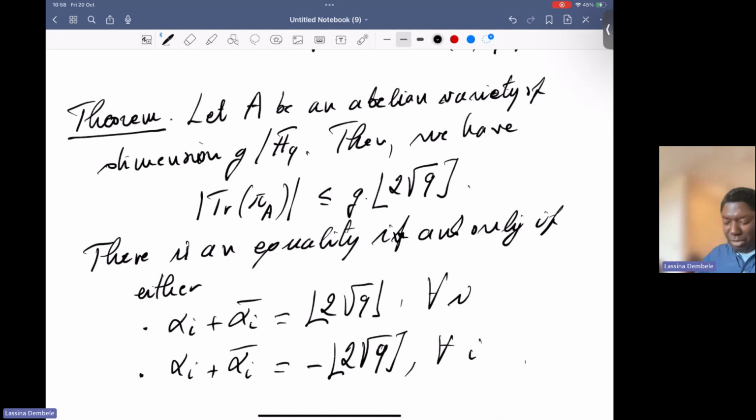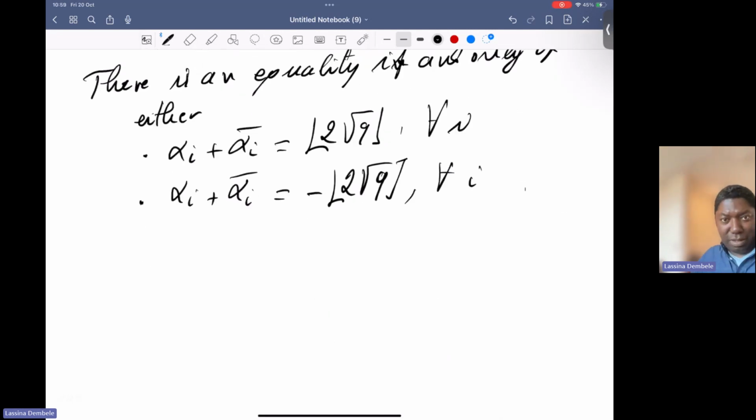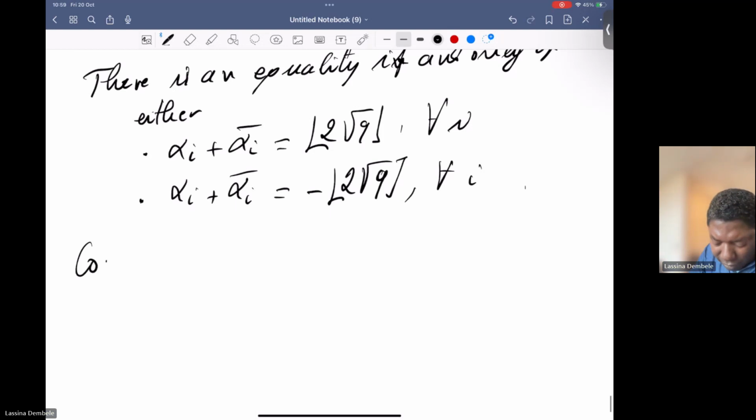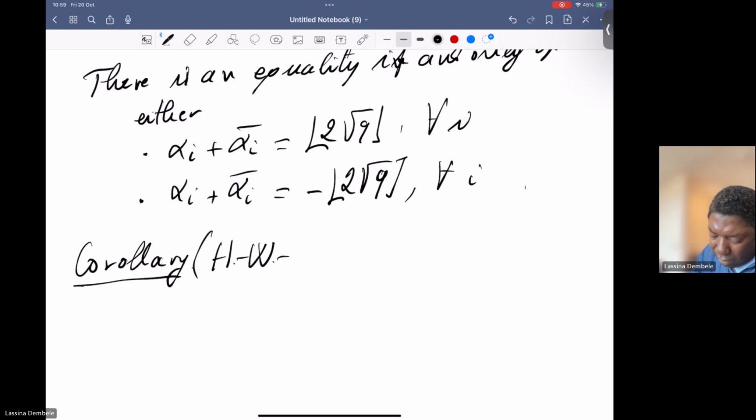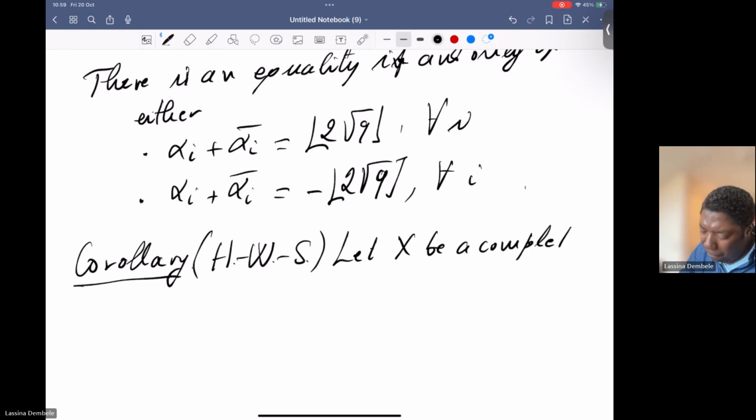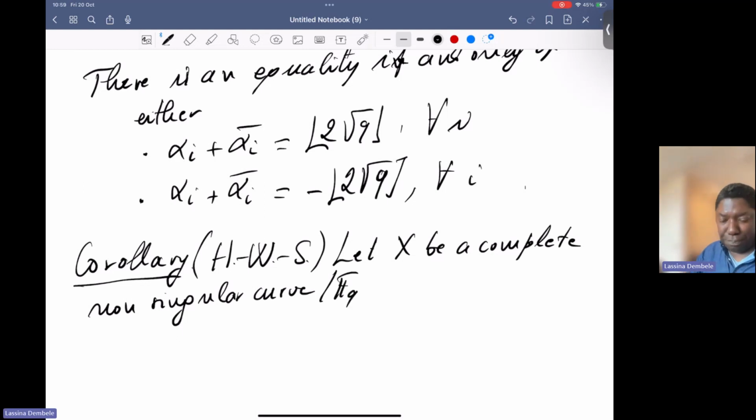Okay, so a corollary of this result is what is known as the Hasse-Weil-Serre bound. Corollary: we let X be a complete non-singular curve over Fq.